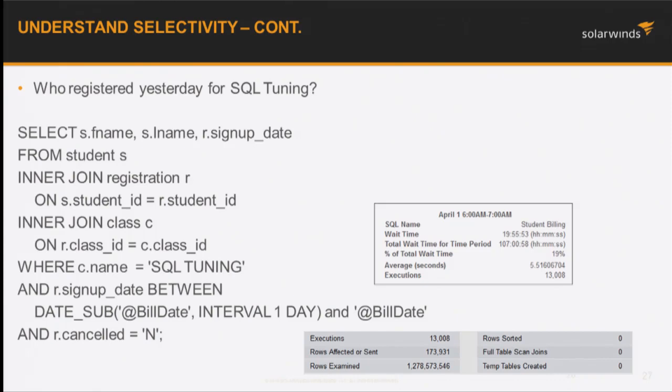So how do you find the driving table? This is a technique I've used, and here I'm just going to go through this case study again in case you didn't get it. This was coming from a university. We're looking for billing students, and in my case, we're actually looking for just specifically SQL tuning. We're looking where the sign-up date was yesterday, if you will, and where canceled equals no because we wanted only active records.